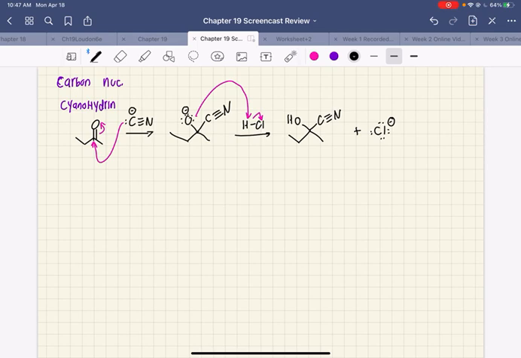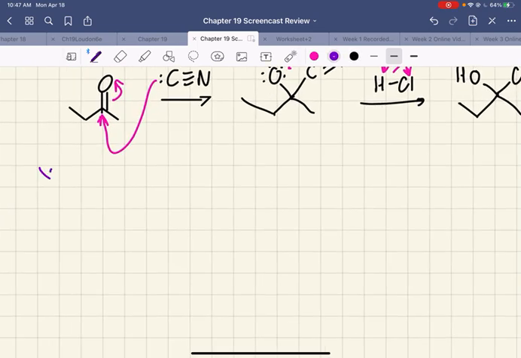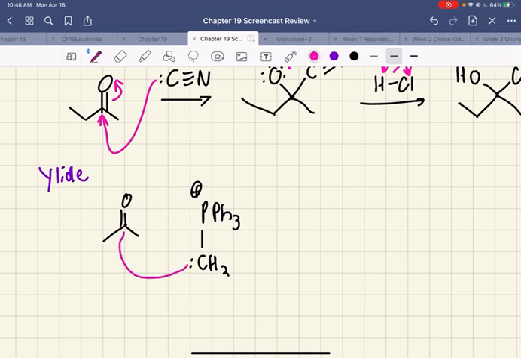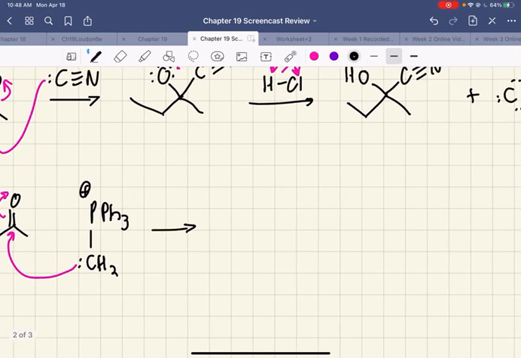For a ylide, we can take this ketone, for example, this most basic ketone. These lone pairs will attack there, causing that to occur.